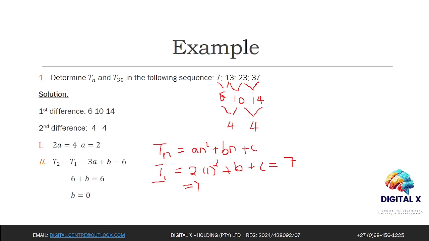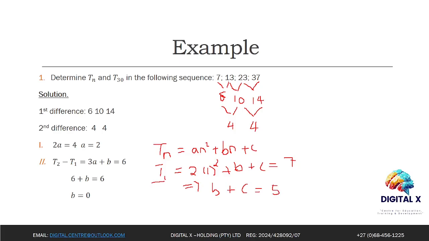So I just want to show you how we actually got this. So from there we have b plus c. So when you transpose everything here, you subtract 2 from 7, what you have is 5.